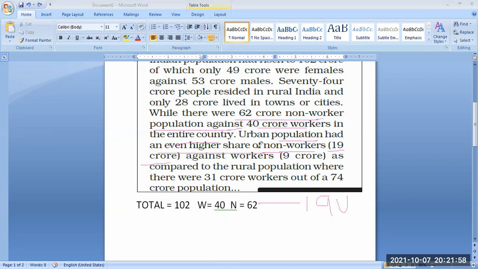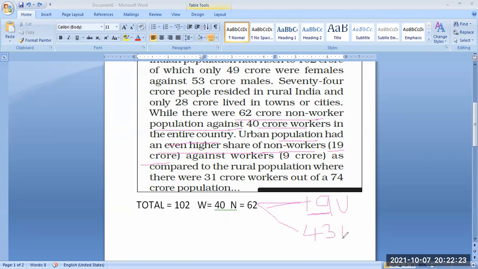So remaining in 62, 43 will be rural. Did you understand? Is it clear?